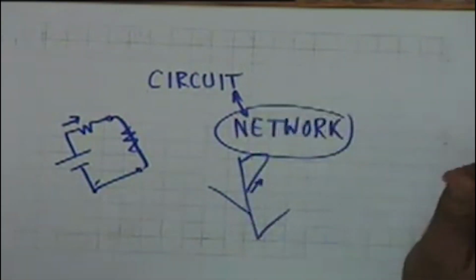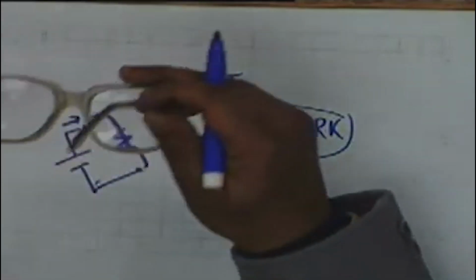When you enunciate theorems, we will use the term network theorems because they are applicable to more general situations. Whereas when you speak about laws, we say circuit laws. KVL, Kirchhoff's voltage law, and KCL, Kirchhoff's current law, are both circuit laws, because in a network there is no significance of these laws. These laws apply to closed paths.